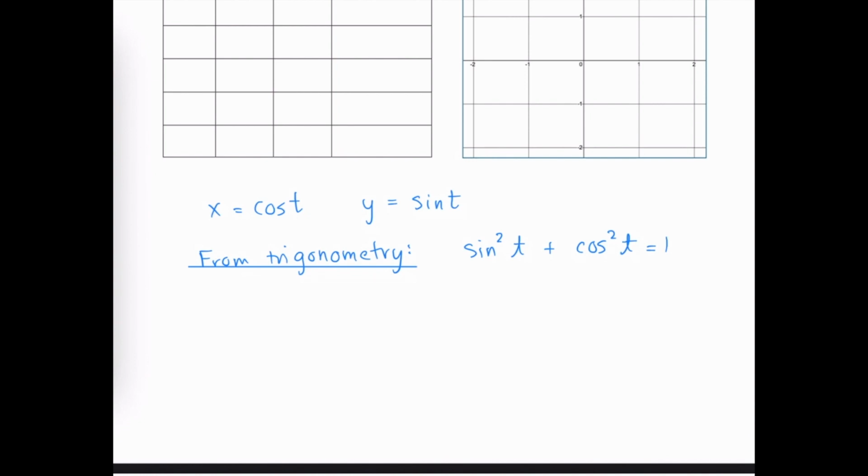If we substitute in the x value for cos t and the y value for sine t, we end up with y squared plus x squared is equal to 1, which we usually see written as x squared plus y squared is equal to 1, and we recognize this as a unit circle, centered at the origin, radius 1. So we're expecting our vector function to be a circle centered at the origin, radius 1.